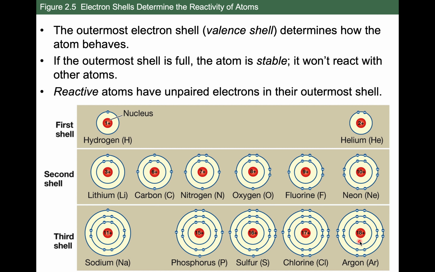Whereas if you have something like carbon, its outer shell, the second shell in this case, has 4 electrons in it, and that second shell could hold up to 8. So carbon is really looking to get 4 more electrons in that outer shell. So it's very reactive, and that's one of the reasons you see carbon in a lot of molecules, especially a lot of biologically important molecules.